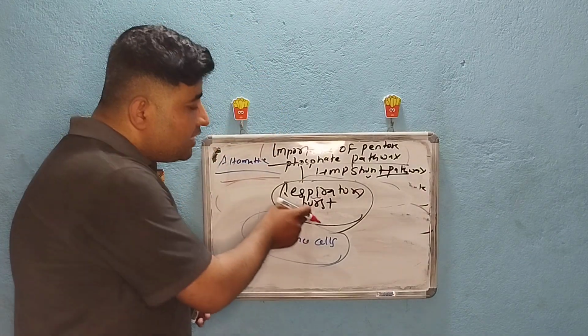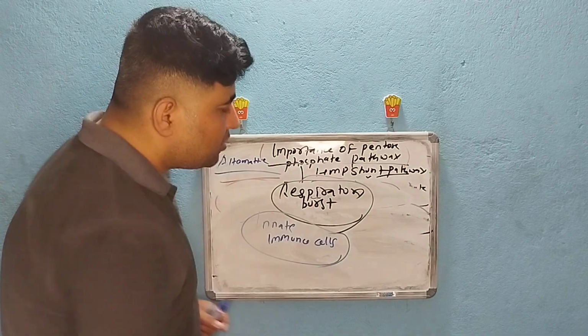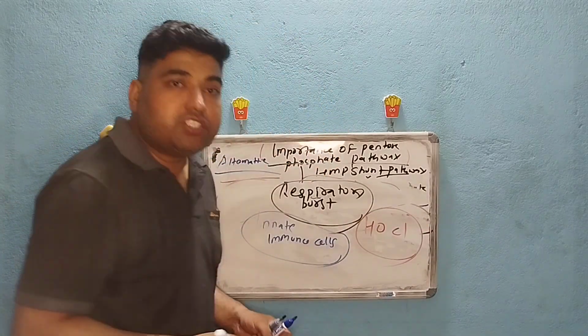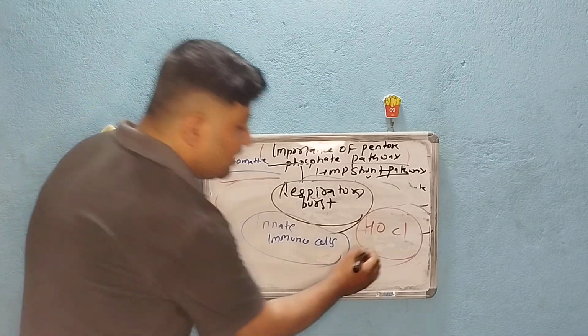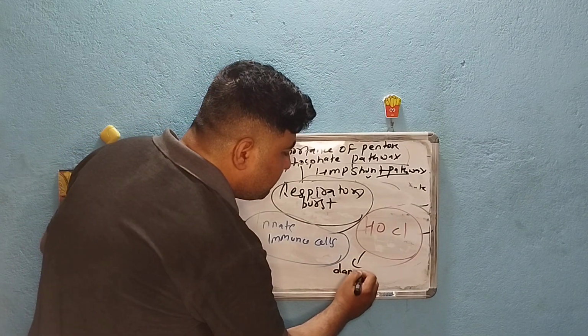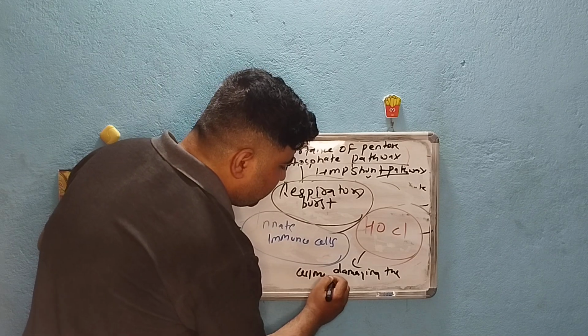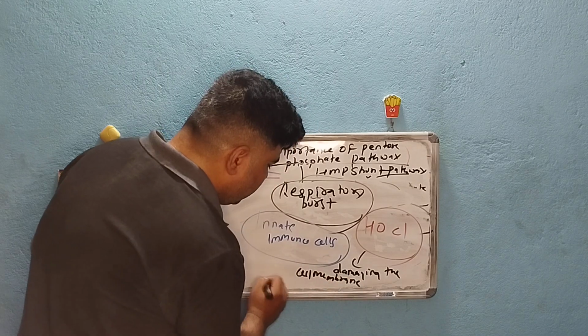During the respiratory burst, hypochlorite ion is produced, which is a free radical involved in damaging the cell membrane of the bacteria.